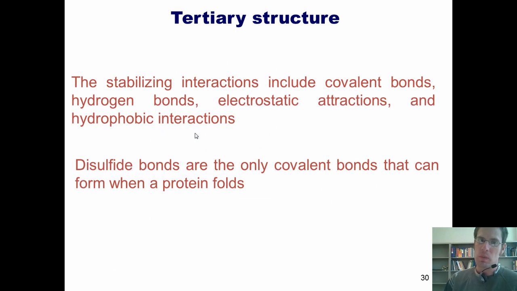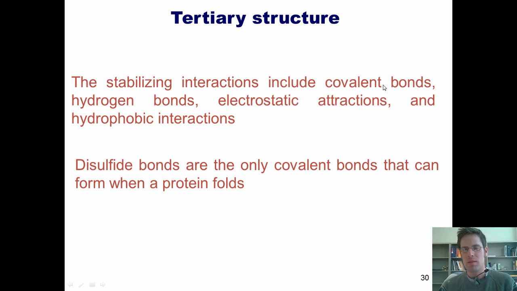A couple of details about tertiary structure. The stabilizing interactions that enable coils and helices and sheets to obtain the rigidity or conformations that they have are centered on the presence of intermolecular interactions, which include covalent bonds, hydrogen bonds, electrostatic interactions like London forces, van der Waals forces, and hydrophobic interactions.